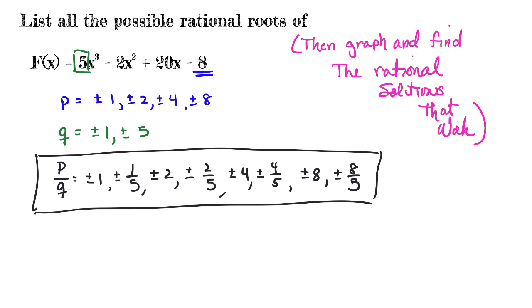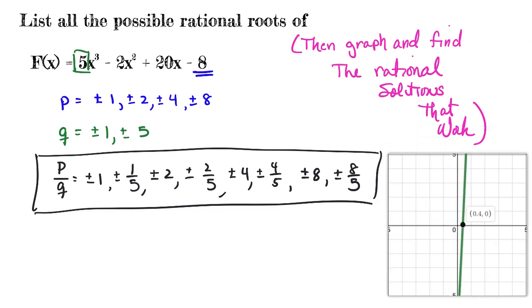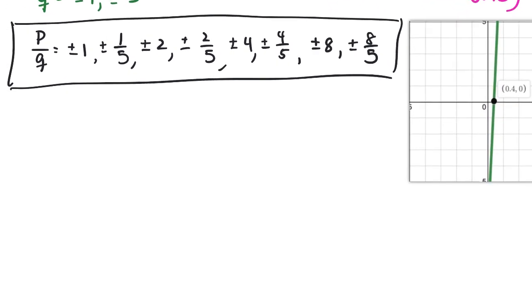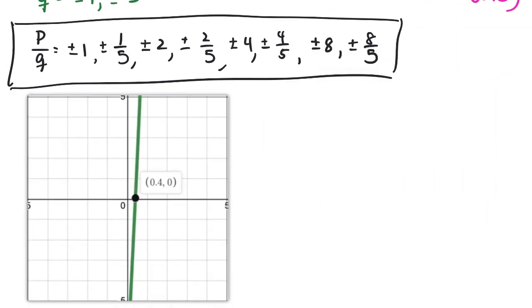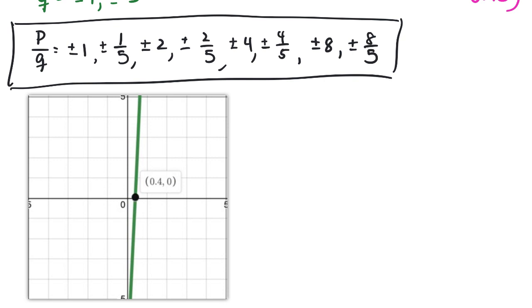I'm going to pull in the graph again. Zoom in here a little bit. In this graph, it only crossed in one point. It crossed where x is equal to 0.4. That is 4/10 or 2/5.